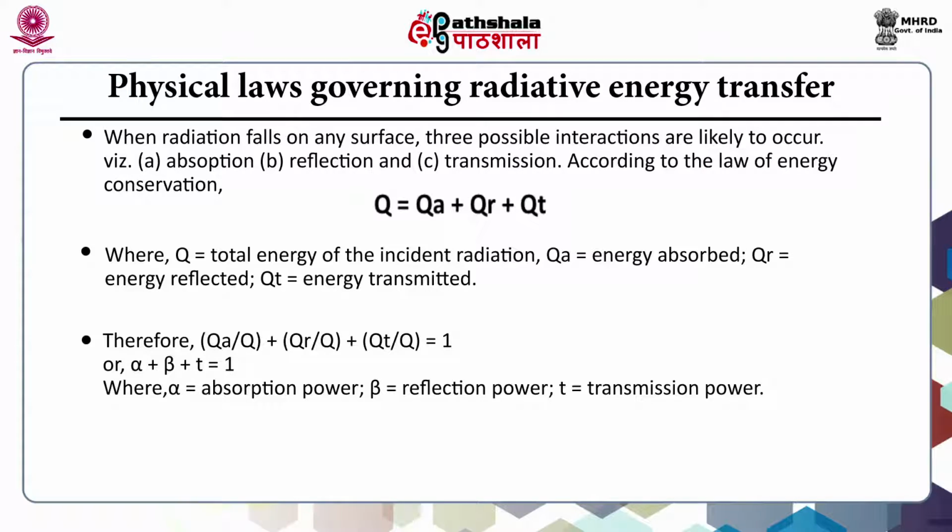Therefore, QA/Q + QR/Q + QT/Q = 1, or we can say alpha + beta + T = 1, where alpha is the absorption power, beta is the reflection power and T is the transmission power.